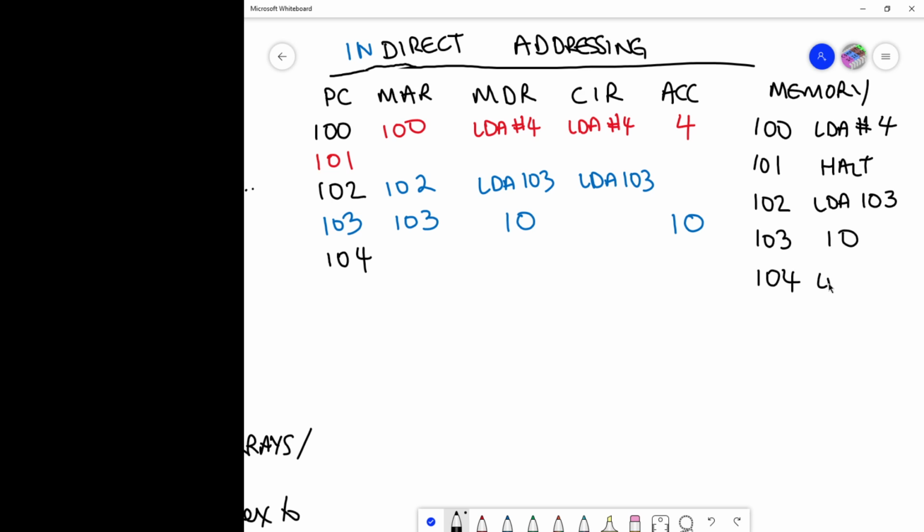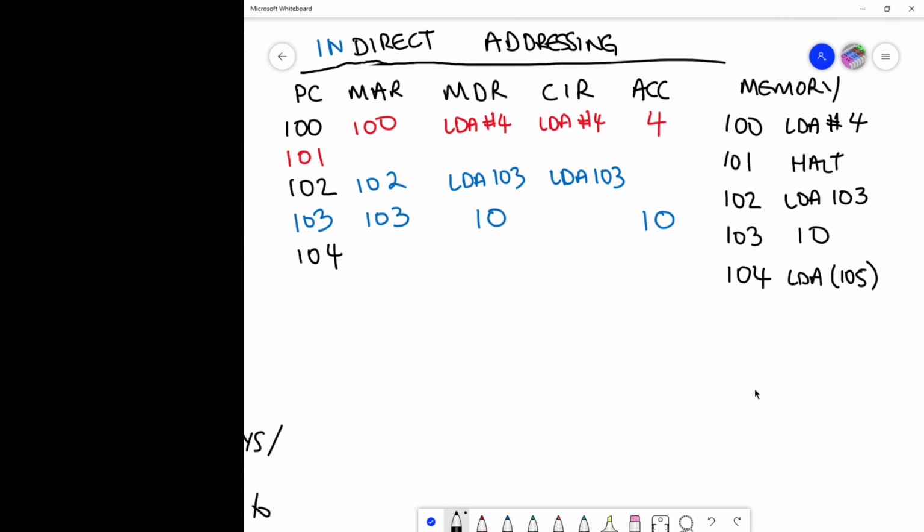I'm now going to put LDA 105, and I'm going to put it in brackets, and that's just how my assembler denotes indirect addressing. Right, so at 105, I'm actually going to put 103.